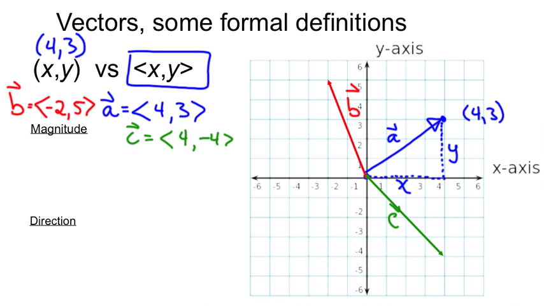Now, in the previous slide, we talked about vectors demonstrating both a magnitude and a direction. In this case, we're going to talk about magnitude being length. If we look at our blue situation over here, our vector A, I might ask, how long is that vector?